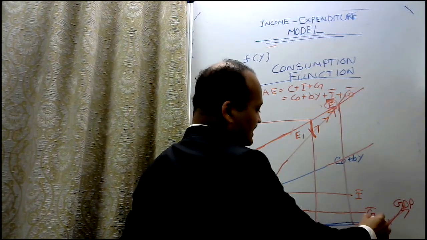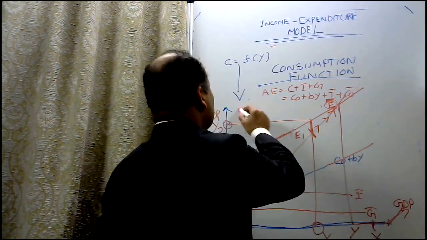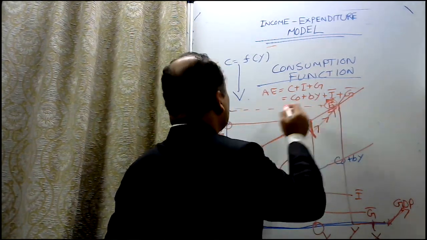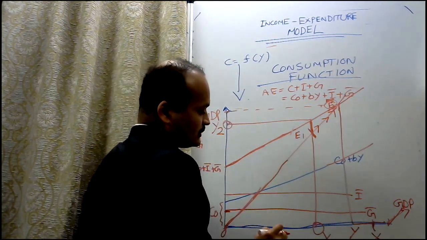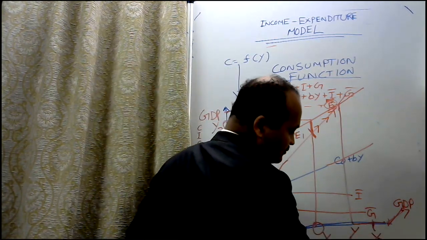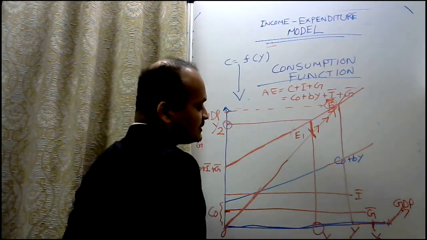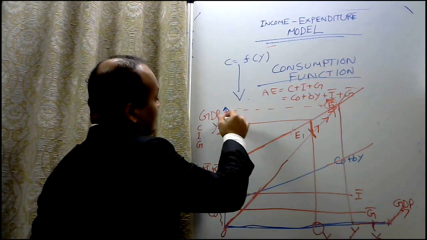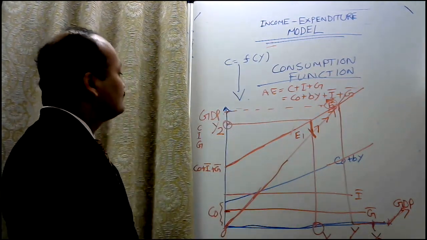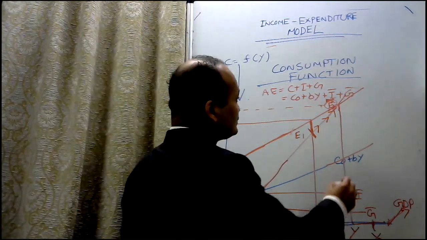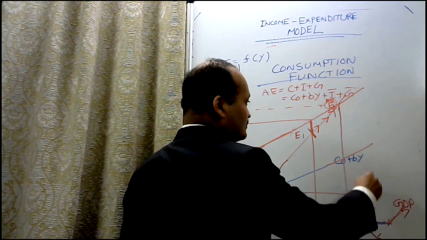Likewise, if production has taken place at more than Y, suppose let us consider it as Y3. So if income generated is Y3, then expenditure which would support this level of income would be how much? The expenditure which is corresponding to this point Y3 is much lower.